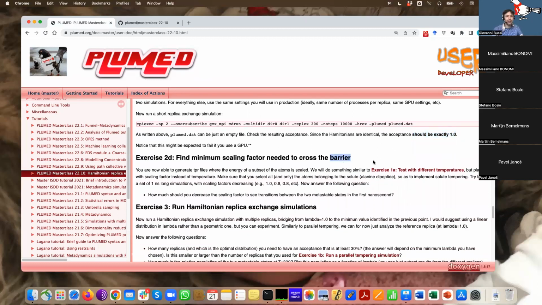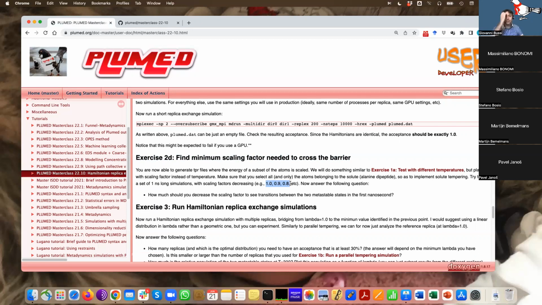Okay, and once we are technically able to set up our simulation, we can try to use the method. Before we were finding the minimum temperature required to see transitions. Now we have to find the scaling factor required to see transitions. So I would encourage you to try scaling factor, let's say 1, 0.9, 0.8, down to maybe 0.1.